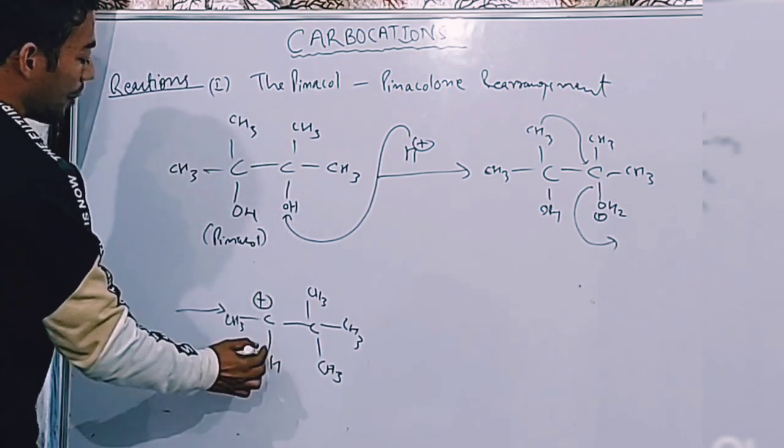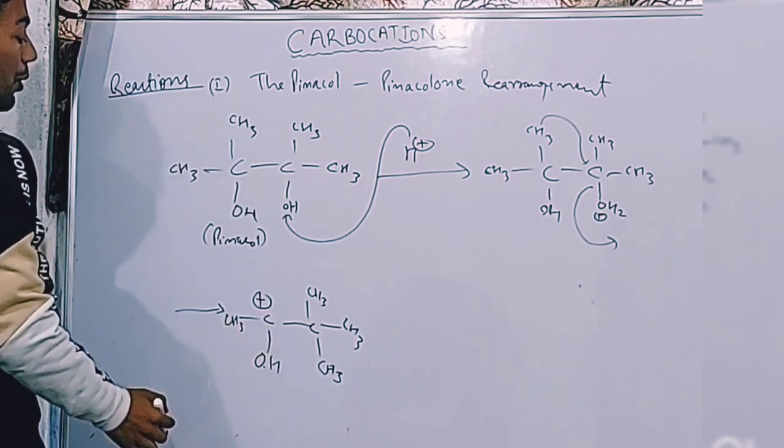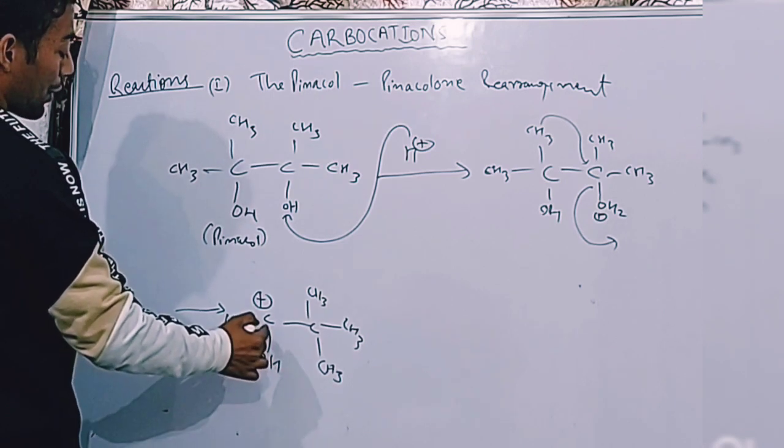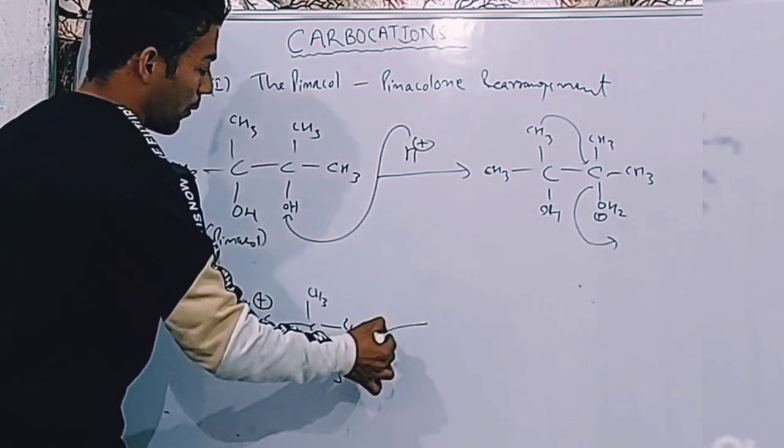In the next step, the oxygen-hydrogen bond will be broken, and electrons from that bond will go to this bond, and here it will make a double bond, losing a proton. See how?